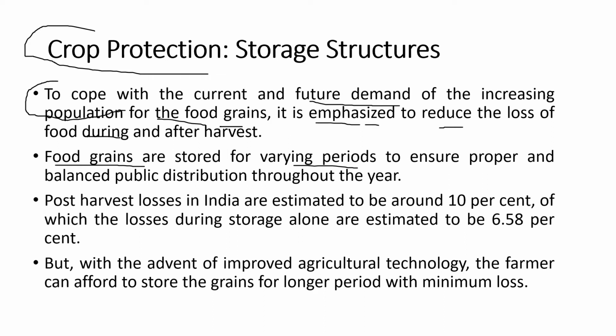Post-harvest losses in India are estimated to be around 10%, of which losses during storage alone are estimated to be 6.58%. So, considering India particularly, the storage losses or post-harvest losses are pretty high.